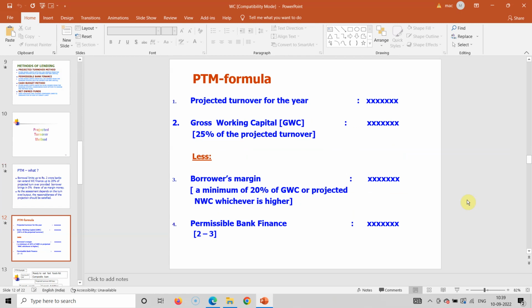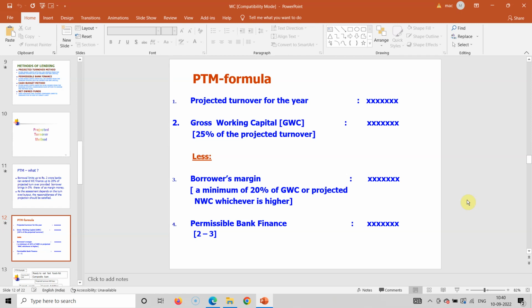So projected turnover for the year, gross working capital is 25% of the projected turnover, and we put in 5% as margin. So the borrower's margin is 5% and 20% of gross working capital or projected turnover, net working capital, whichever is higher, that is the borrower's margin.